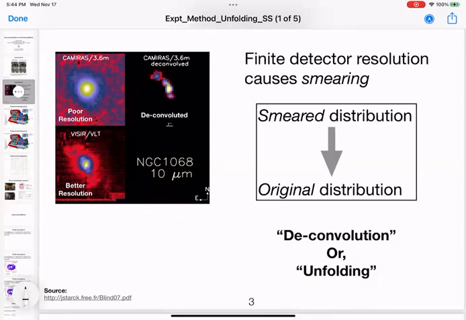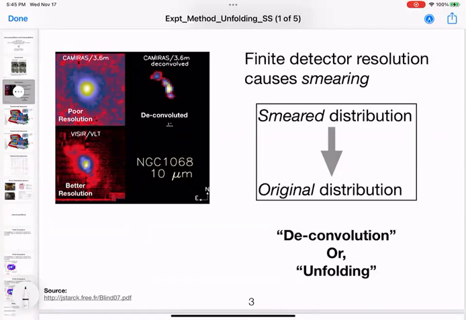The bottom one is where we have a better resolution. And the one on the top right is deconvoluted, where one tries to recover the picture using some algorithms.